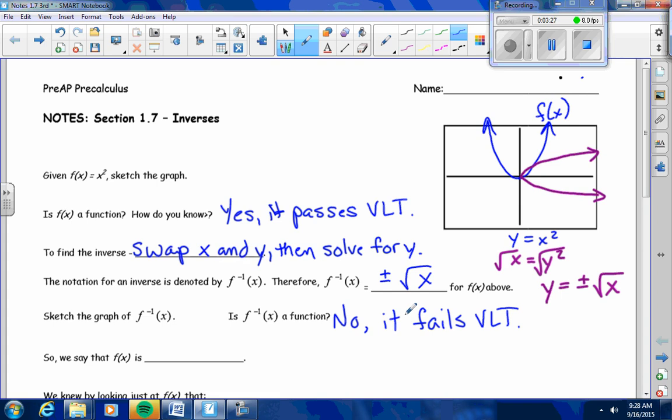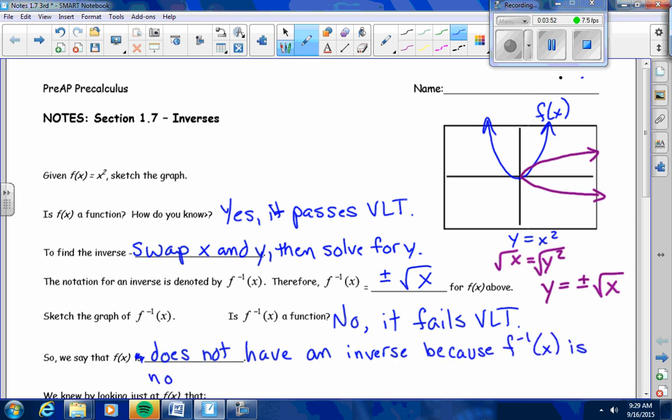So we say that f of x does not have an inverse because f inverse of x is not a function.